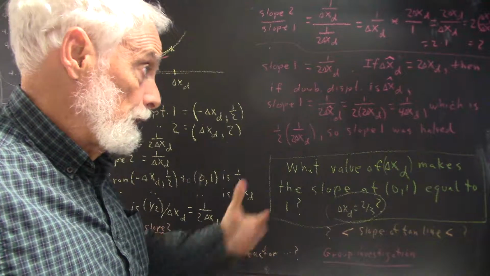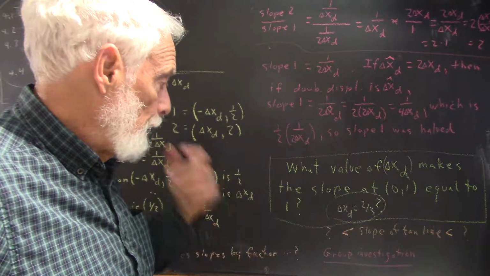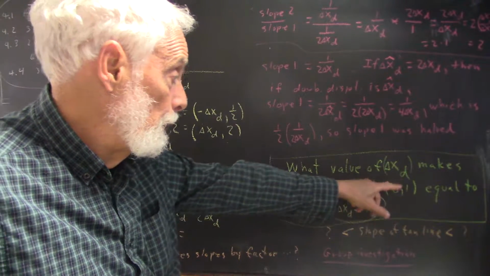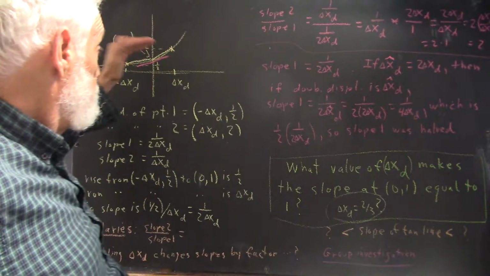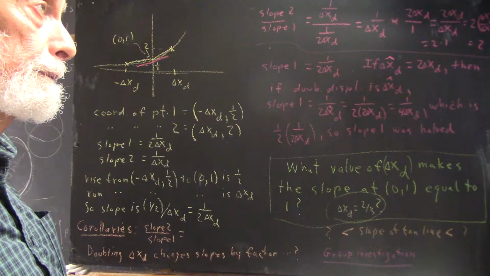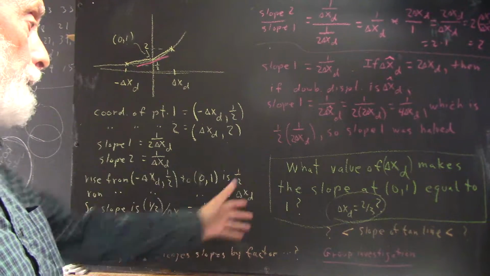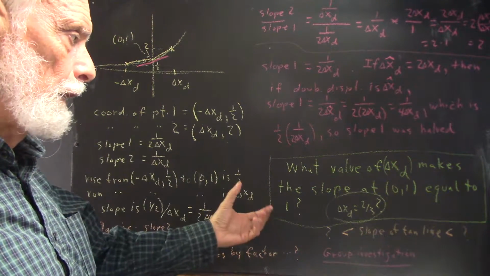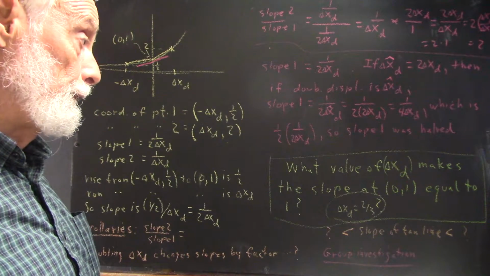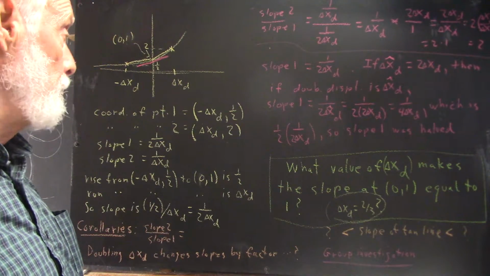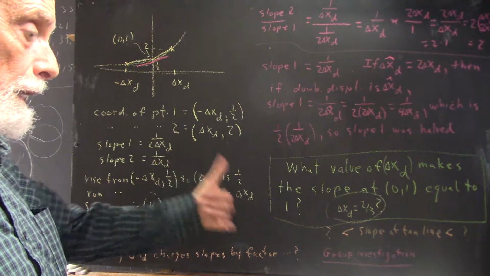I would test it very carefully to see if that doubling displacement could plausibly give us a slope of 1 at the y-intercept. And then, if that doesn't work, I would find another strategy for narrowing down possible values. We know again the value of delta x sub d has to be between 1/2 and 2.